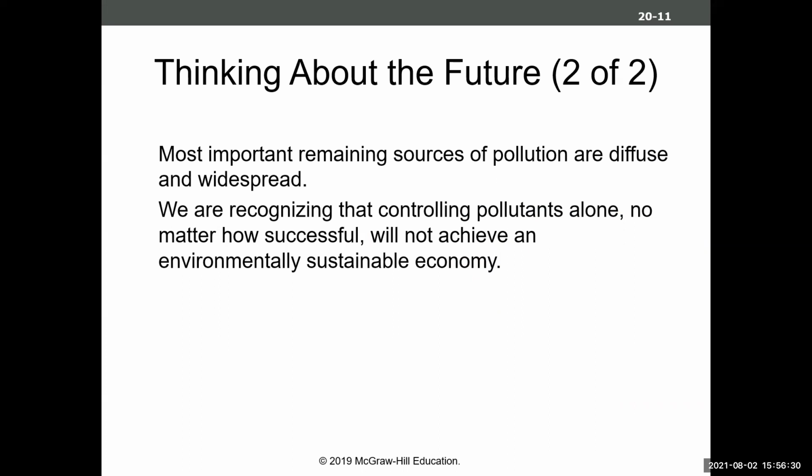The most important remaining sources of pollution are diffuse and widespread. And so they're, again, interconnected, crossing boundaries. And so we know that controlling pollutants alone will not achieve a sustainable economy.